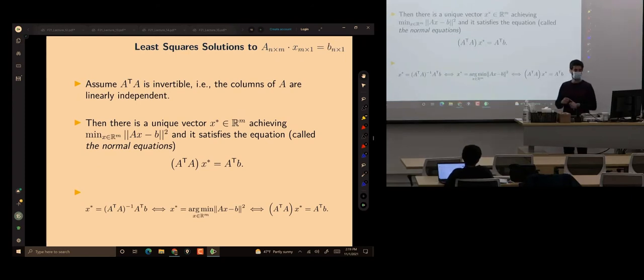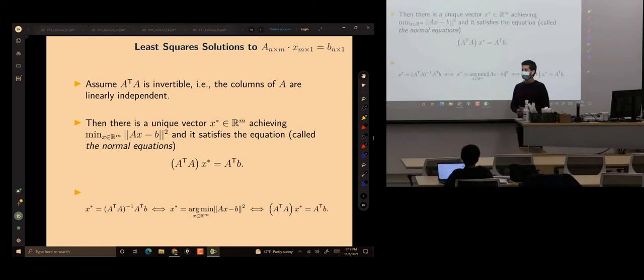Okay, then we reach an interesting problem that happens in reality: what if there is no exact solution?